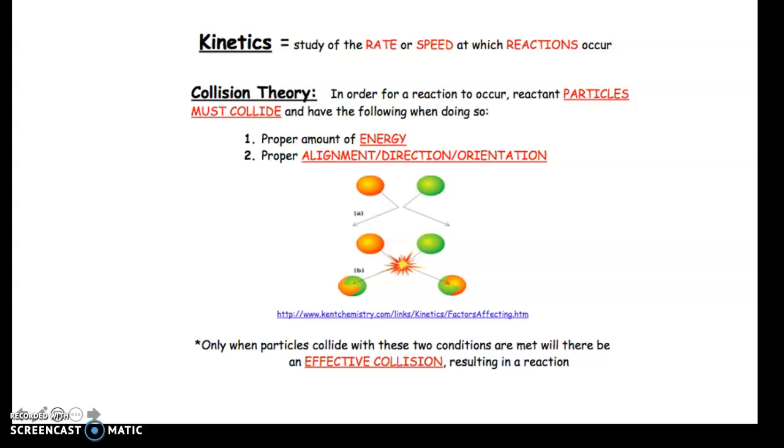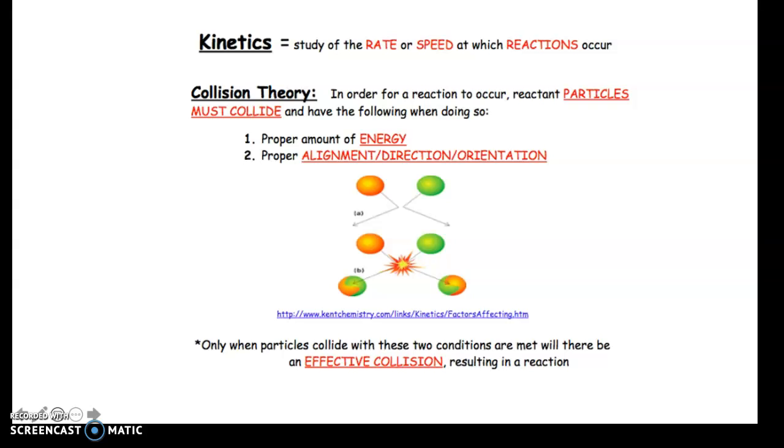Meaning the particles must hit each other with the right force and going in the complete equal direction or orientation. If not, a reaction will not occur. So for us to have effective collisions, we must have the right amount of energy and the right orientation.